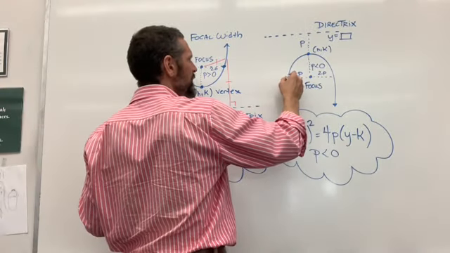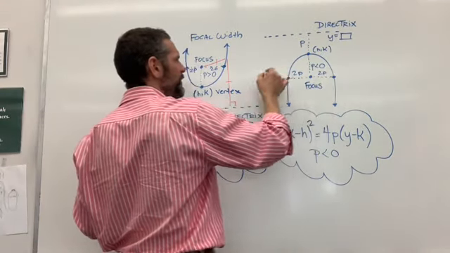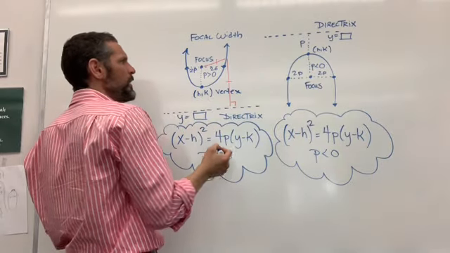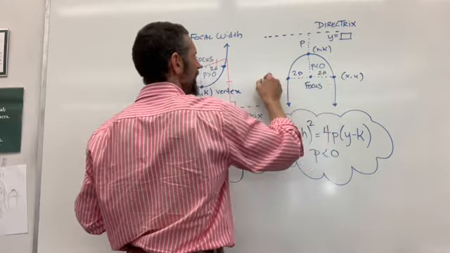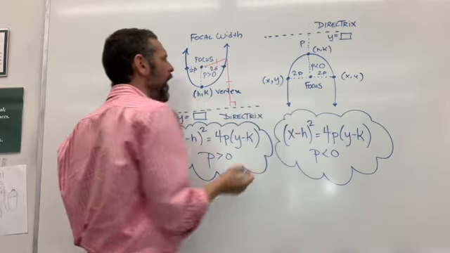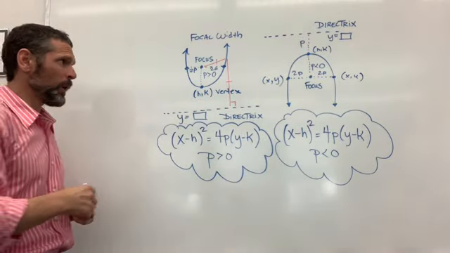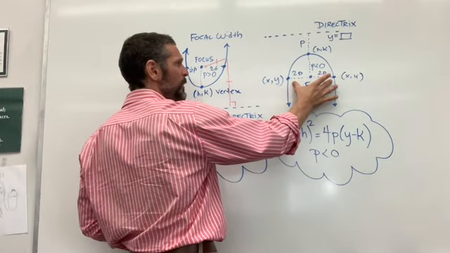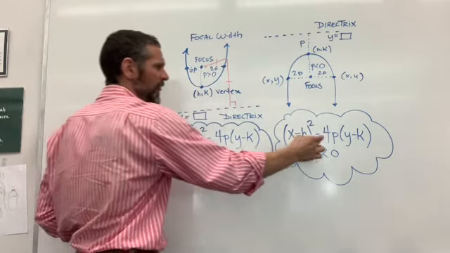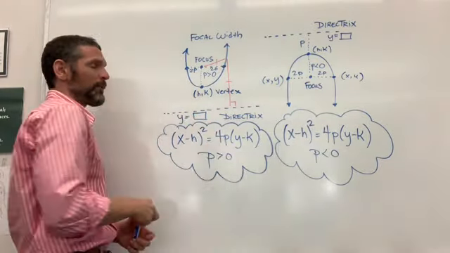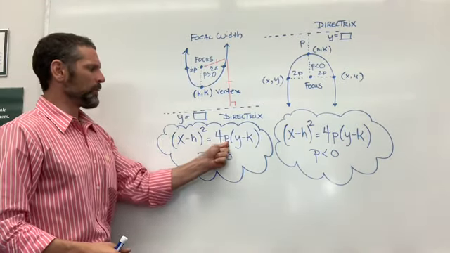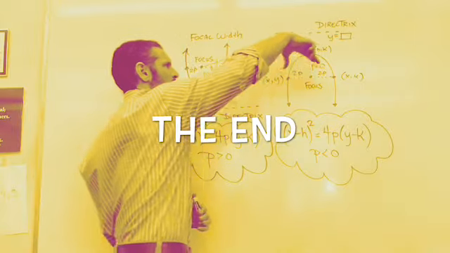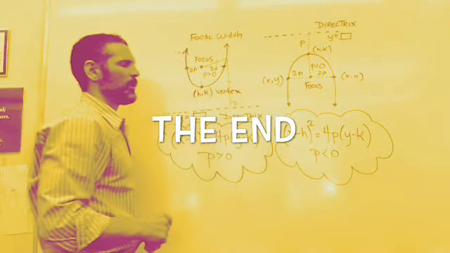So once we go down p, if we go left 2p and right 2p, we can find these additional points, (x, y) and (x, y), on our parabola. However wide your parabola is at the focus, that number will show up here. That represents 4p. If it opens up, 4p will be positive. If the parabola opens down, 4p will be negative.